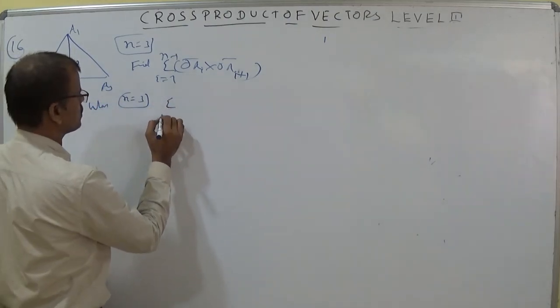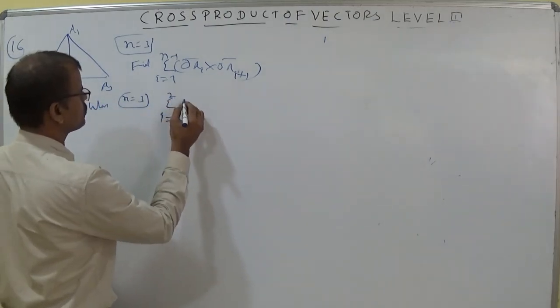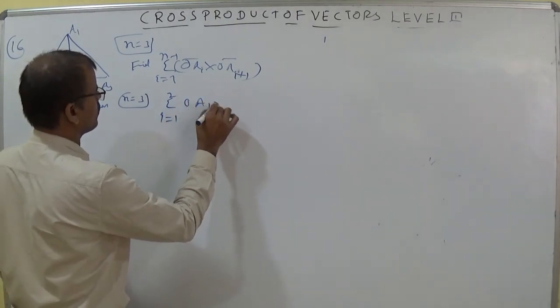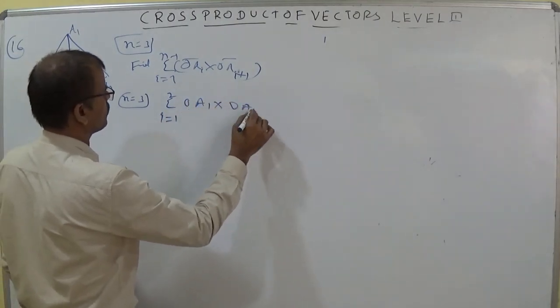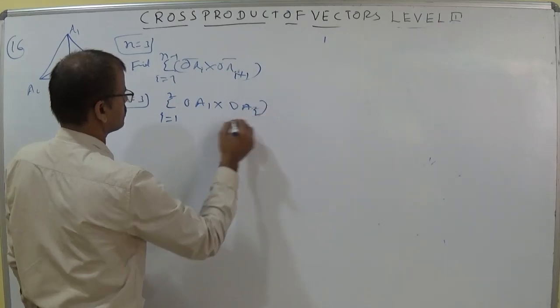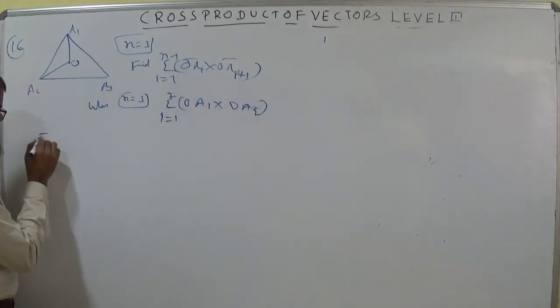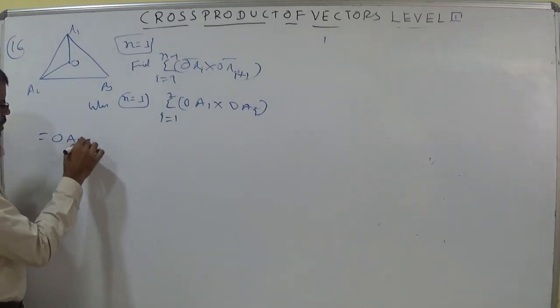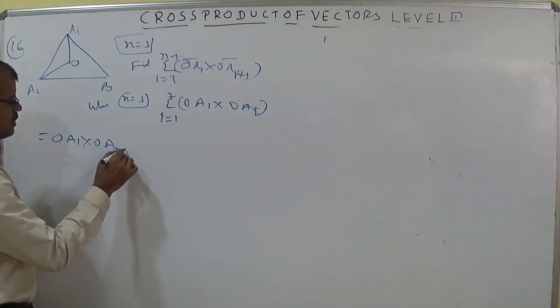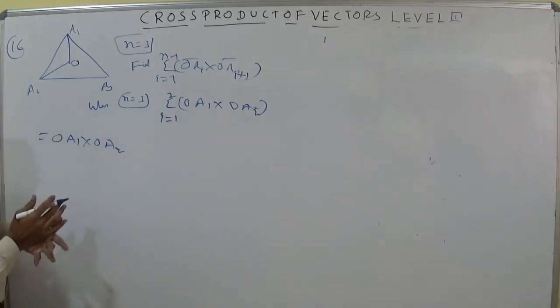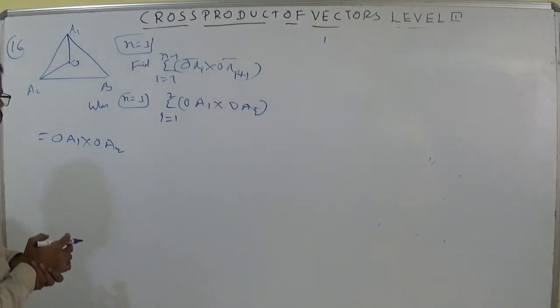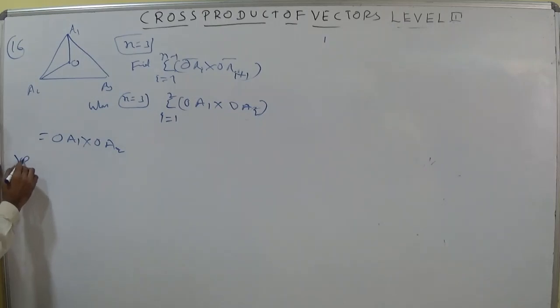When n is equal to 3, here i is equal to 1 to 2, that's all. OA1 cross OA2 is enough. There is no question of sigma, only 2 terms. Simply OA1 cross OA2. Whenever OA1 cross OA2, you can write here using verify options.